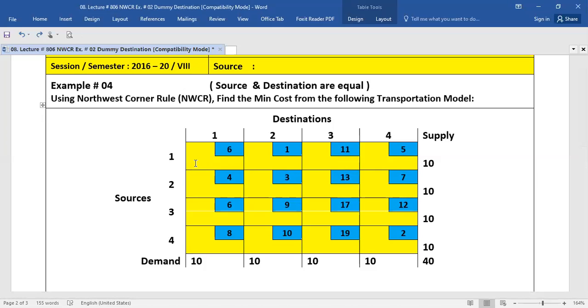Which one is minimum? Both are equal. Now the situation is different from the previous ones. In the previous examples, no demand and supply or destinations were equal. Look here that we have same demand and same supply.